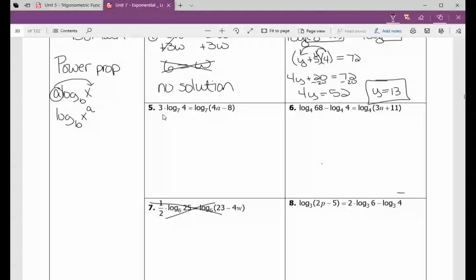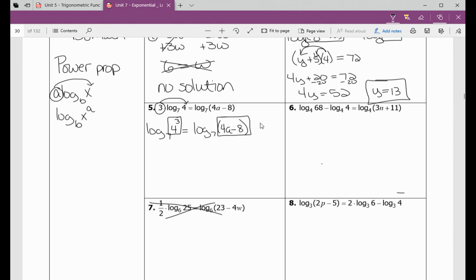Now, although I have a logarithm equal to a logarithm, I cannot have that multiplier out in front. So I'm going to use my power property, and I'm going to move that to be the exponent on that number. So I have log base 7 of 4 to the third power equals log base 7 of 4a minus 8. Now, I have a log base 7 equal to a log base 7. So I'm going to take this number and this number and set them equal.